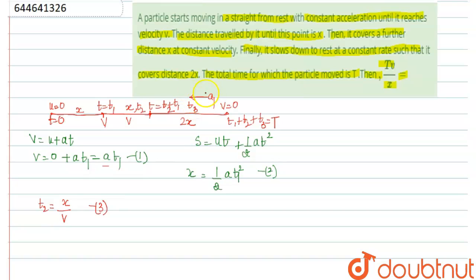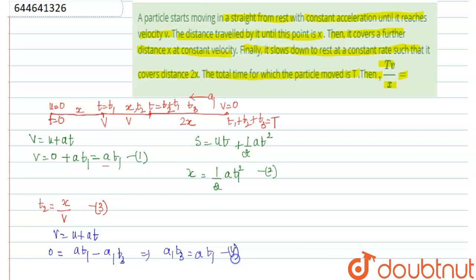Now, to calculate the value of a1, we apply the equation of motion v is equal to u plus at. The final velocity is 0, u is equal to v, and v is equal to at1, so 0 is equal to at1 minus a1 into t3. So we write that a1 t3 is equal to a t1.